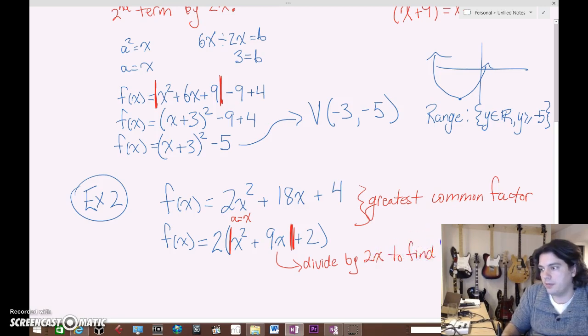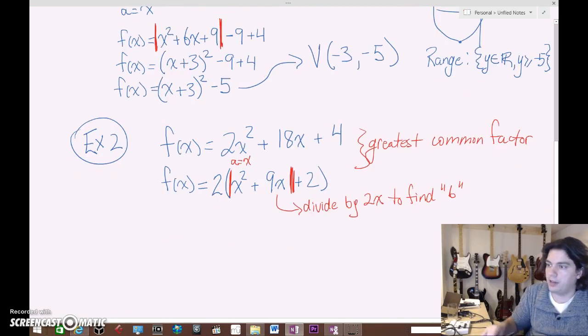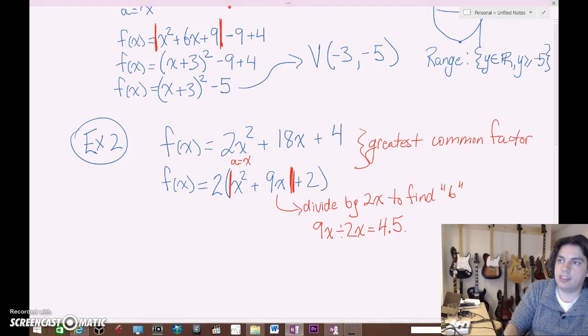So divide by 2x to find b. And you're going to do the same thing every time. You're just going to divide it by 2x. Well, 9x divided by 2x is equal to 4.5. Just like that. And so now we know that f of x is equal to 2.